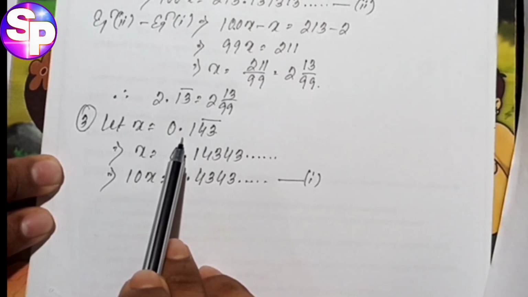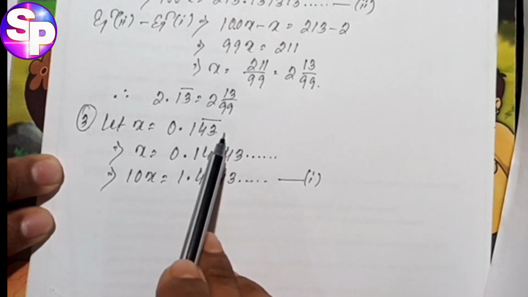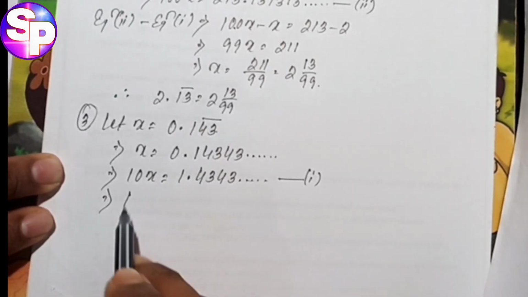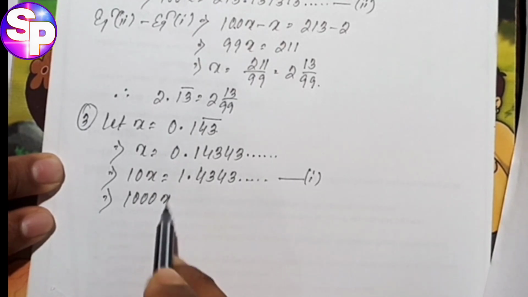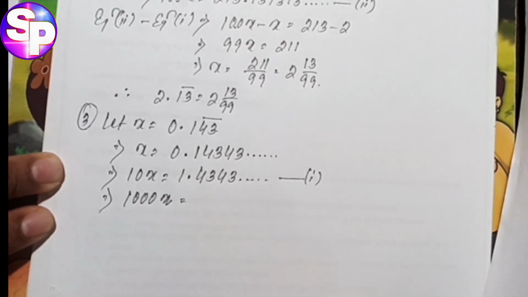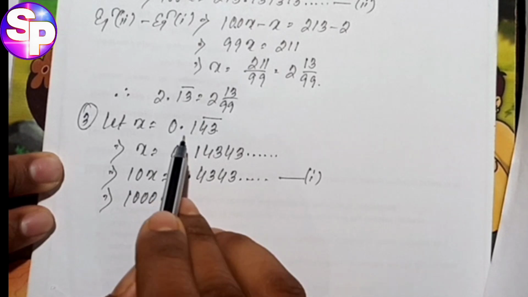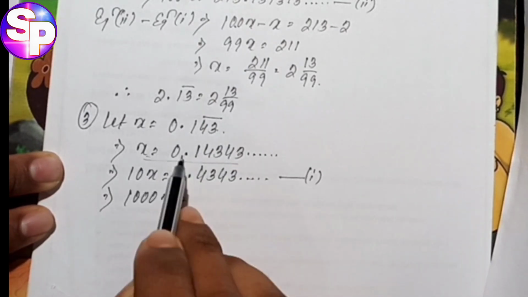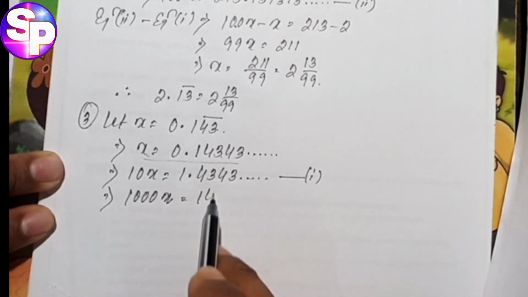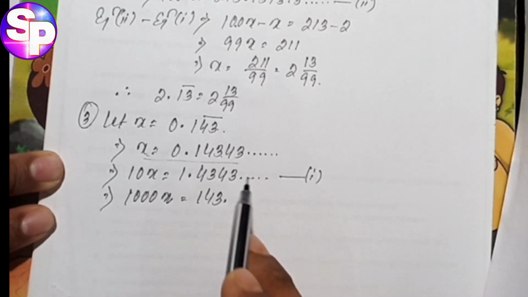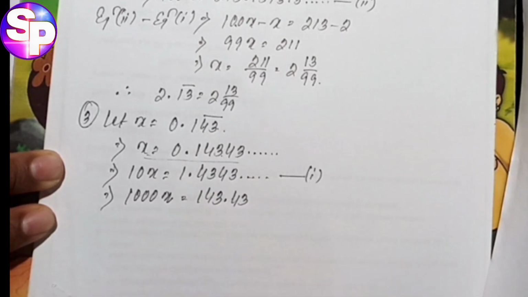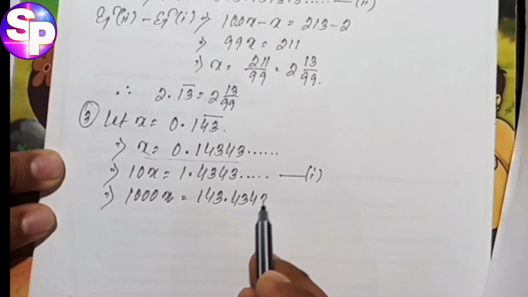So 3 decimal places means what to be multiplied? Obviously 1 with 3 zeros, means 1000x. So if you are multiplying 1000x, then the point will be transferred to after 3, that is 143.43, right? But after that, infinite number of 43s are there. So I'm writing one more 43 and dot dot dot, and this is equation 2, right?